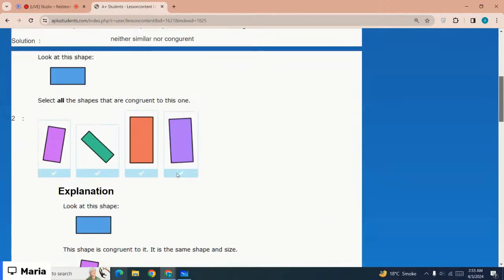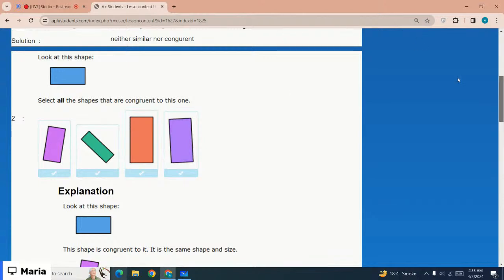Yes, that's exactly the first one, right? Because it has the same measurements as the other one. So option one is the correct option.